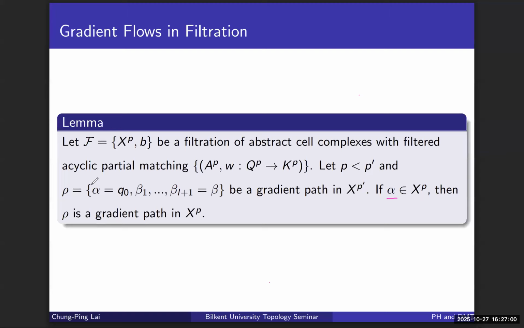It means if p prime is greater than p, then those frames happen later. So if you are changing this cell, you don't have to look at all the frames that come after it. So that's the idea of this lemma.